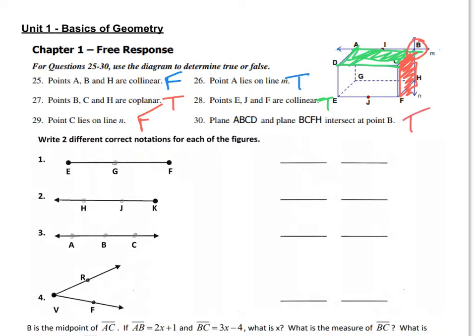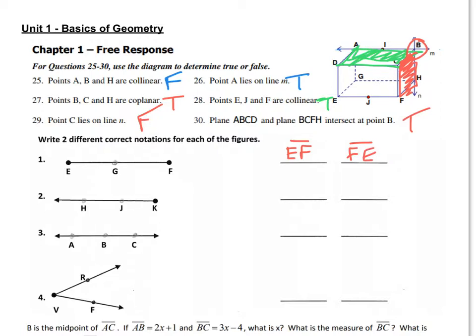Yes, that's true. All right, write 2 different correct notations for each of the figures. So what I notice here is that I have a segment. So a segment means I should have just a little short line, and we could say it in either order, E, F, or F, E. Looking at the next one, I have a ray.